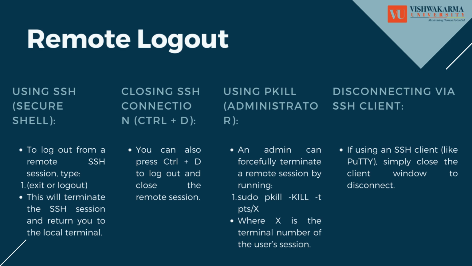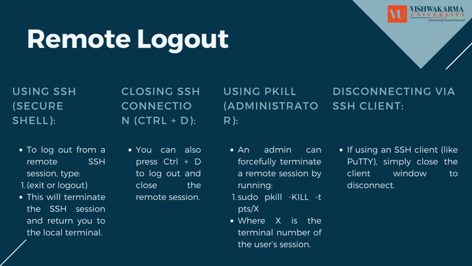Using SSH, Secure Shell, this tells us how to log out from a remote SSH session: type exit or logout. This will terminate the SSH session and return you to the local terminal. Second is closing the SSH connection with Control plus D. You can also press Control plus D to log out and close the remote session.